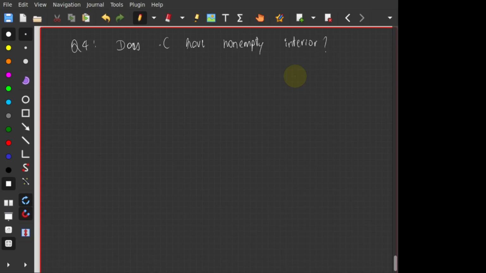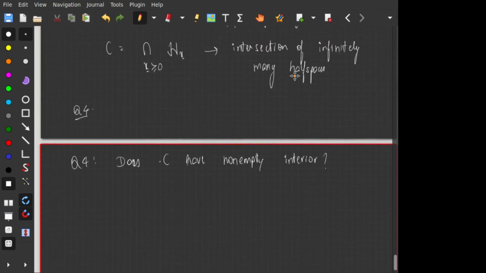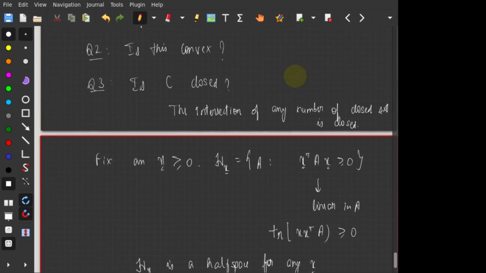Superset of? Yeah, this is a superset. This is a superset of what set? So this contains the set of all PSD matrices.